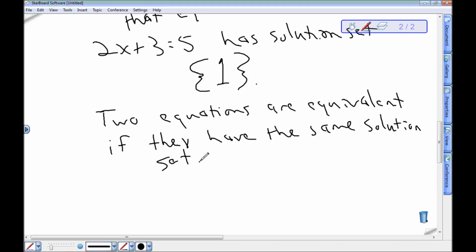Okay, two equations are equivalent if they have the same solution set, right? They're the same power or strength or something important about them is the same, because that's how we use that word equivalent in mathematics.